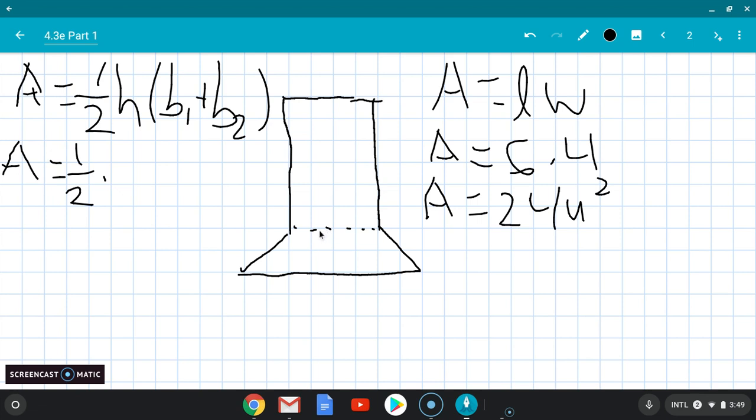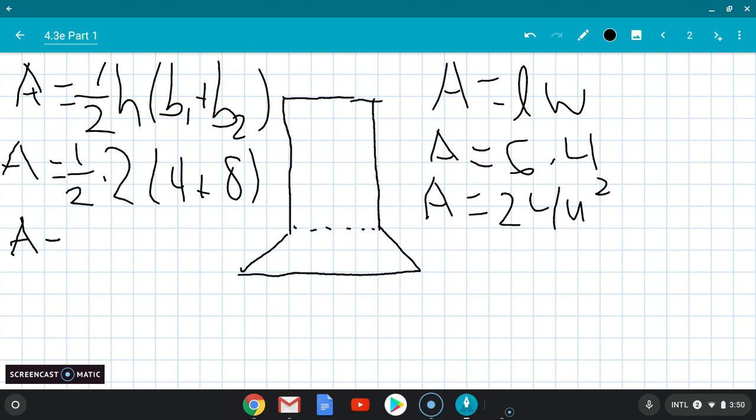In this case, the height is 2. It's 1, 2, from the bottom of the trapezoid to the top, from one base to the other. So we're going to have 1/2 times 2 for our height. And then in parentheses, our base 1, the top one, is 1, 2, 3, 4 grid squares long, so 4 plus, and this bottom one is 1, 2, 3, 4, 5, 6, 7, 8 grid squares. 4 plus 8.